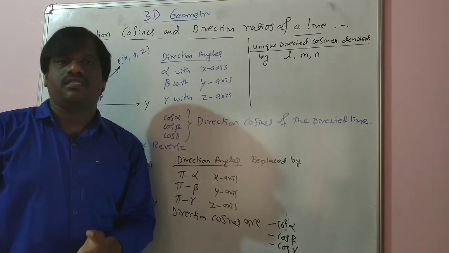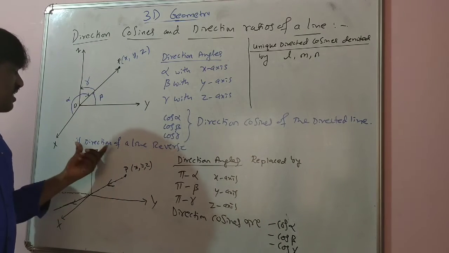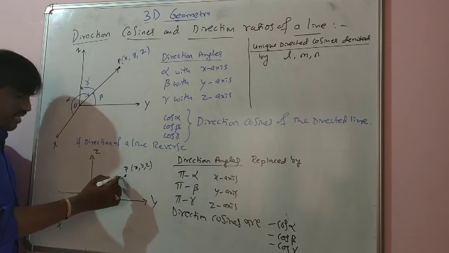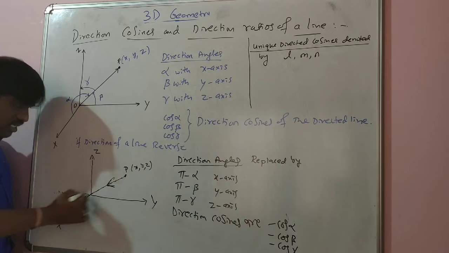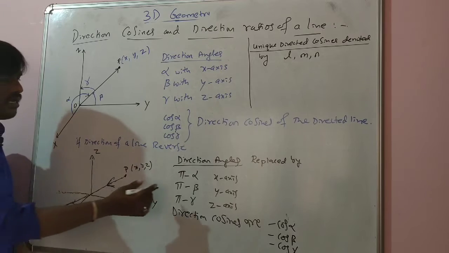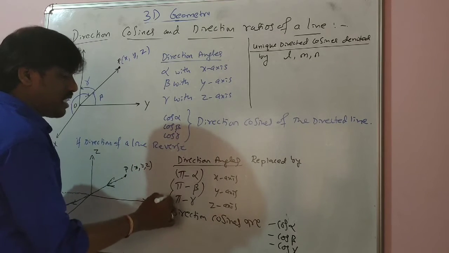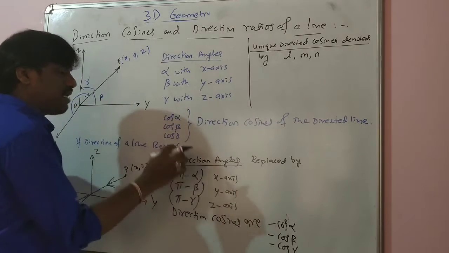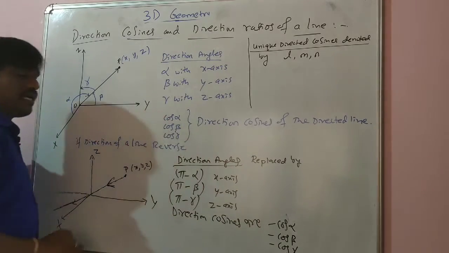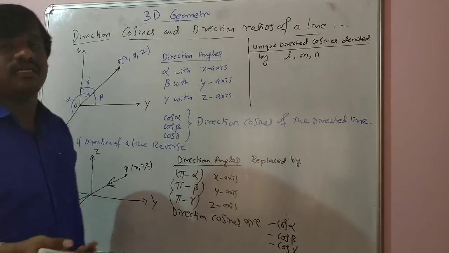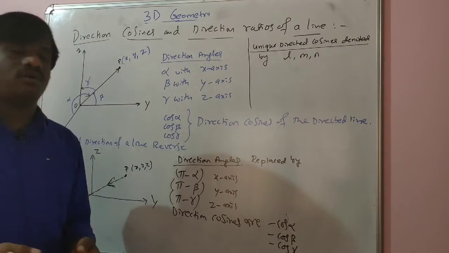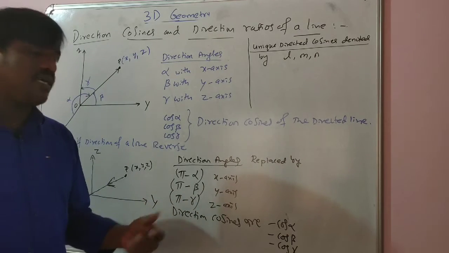If the direction of the line is reversed, opposite, then the angles made will be pi minus alpha with the x-axis, pi minus beta with the y-axis, pi minus gamma with the z-axis. So cos(pi minus alpha) is minus cos alpha, cos(pi minus beta) is minus cos beta, cos(pi minus gamma) is minus cos gamma.